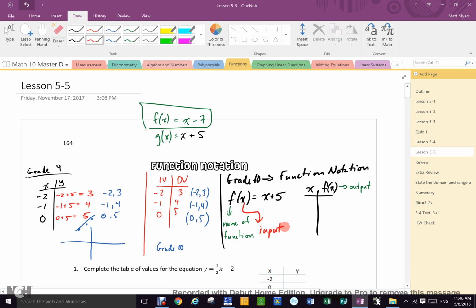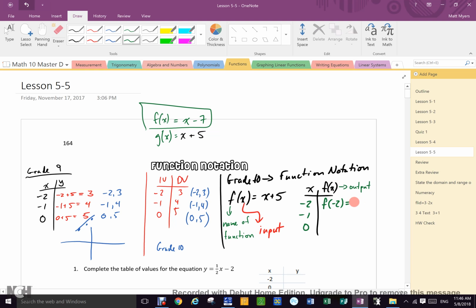So, if I were to use the same numbers, negative 2, negative 1, 0. Instead of writing them in, that x is now negative 2. So my output would be the f of negative 2. Since that x is now negative 2, f of x is x minus 7.